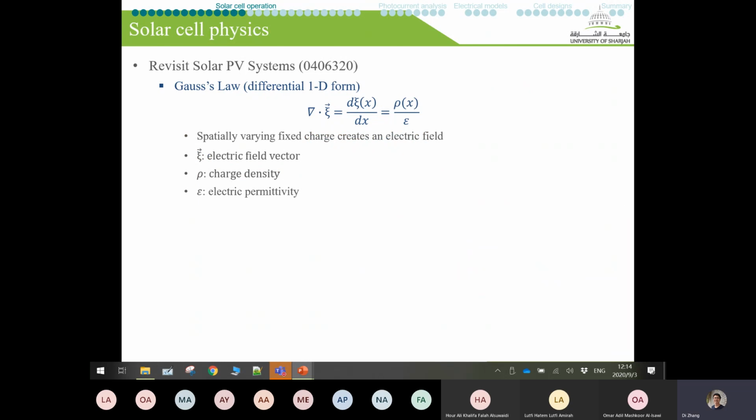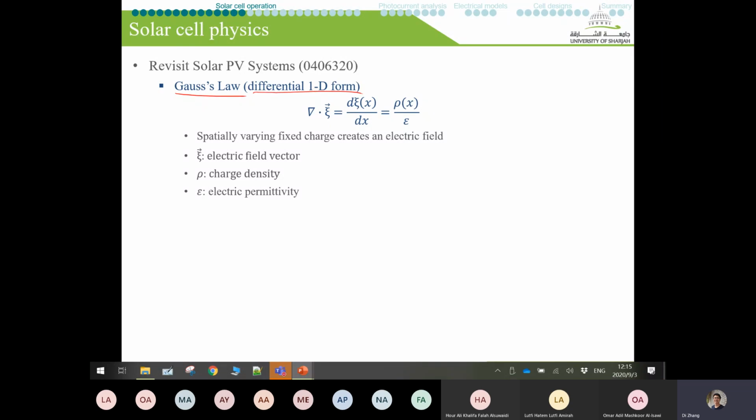Okay, so let us talk about this equation, and then we can wrap up today's lecture. To understand the semiconductor or the p-n junction in general, one of the important equations we have to use is coming from the Gauss law, but in the one-dimensional differential form.